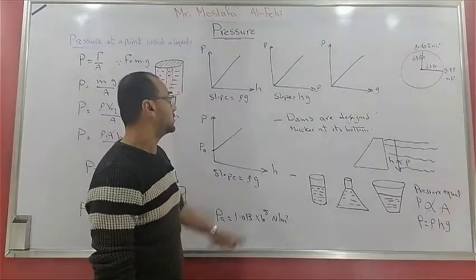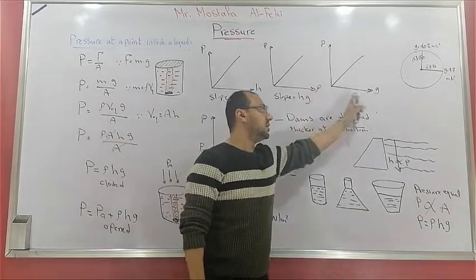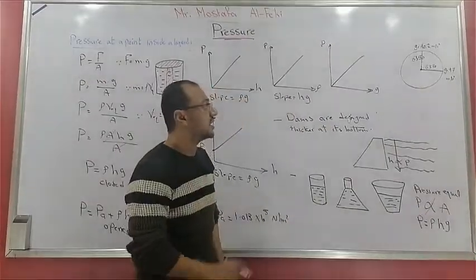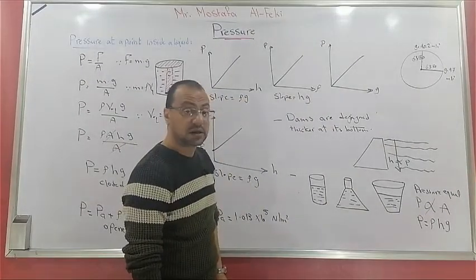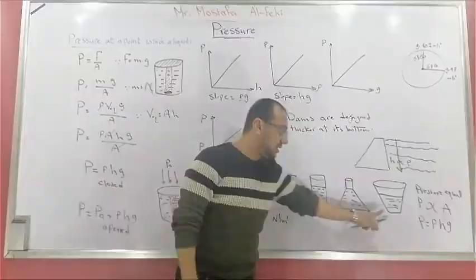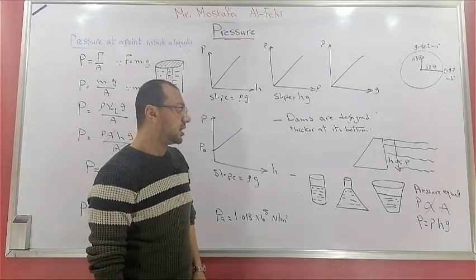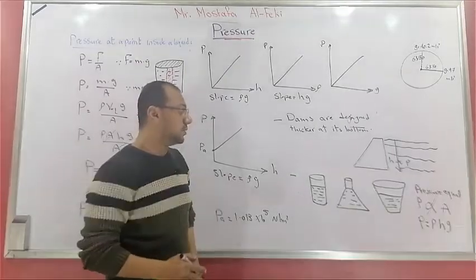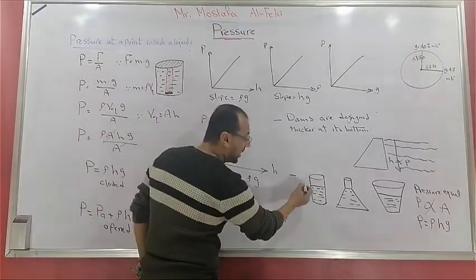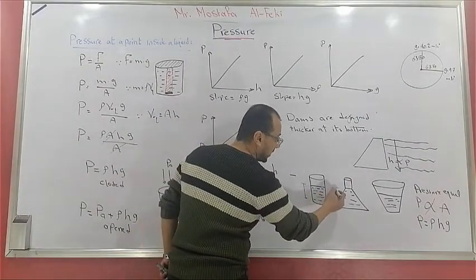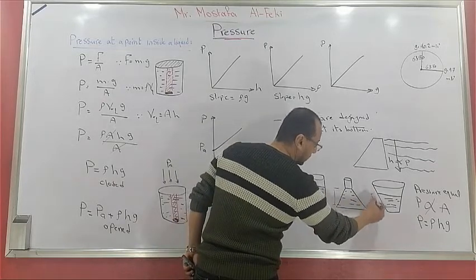Pressure only depends on height, density, and the gravity that differs slightly from one place to another place. So from these three figures or three different shapes, the pressure is equal in all of them, because the height of liquid is equal in all of them.